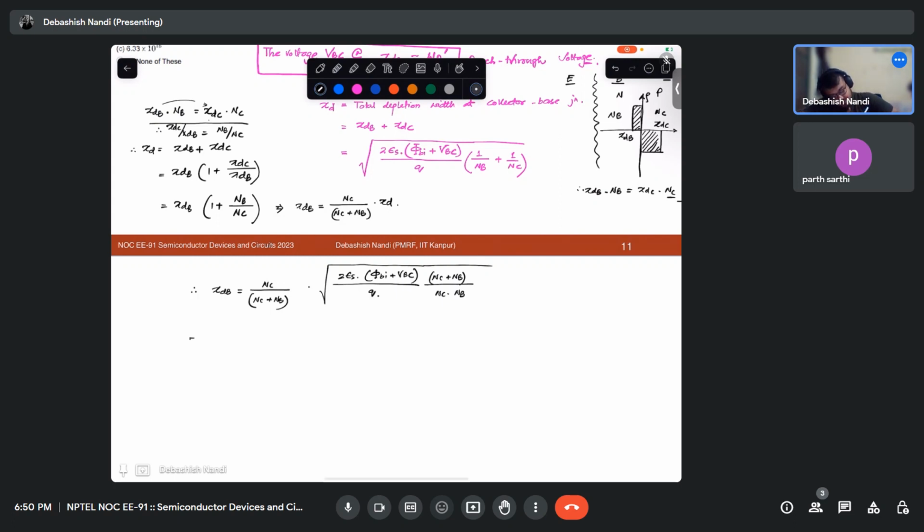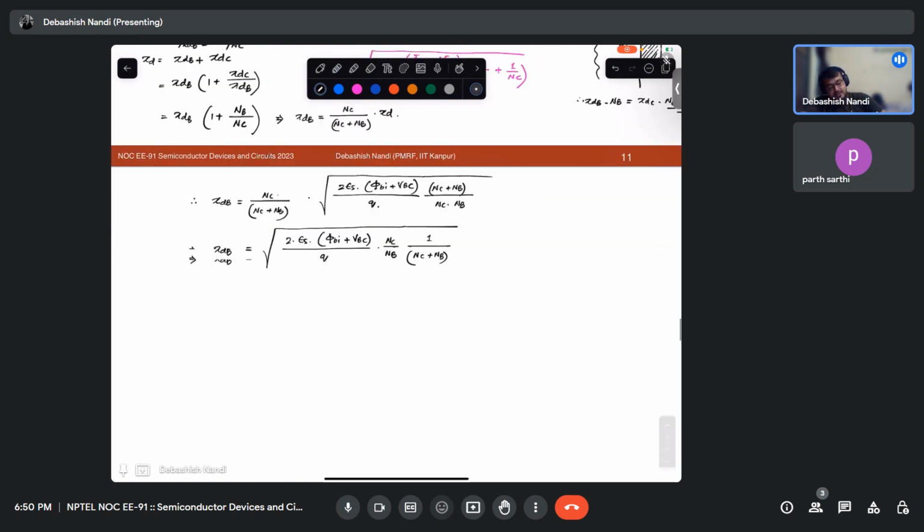So XDB is the square root of 2 epsilon S, phi Bi plus VBC over Q, times NC over NB times 1 over NC plus NB.